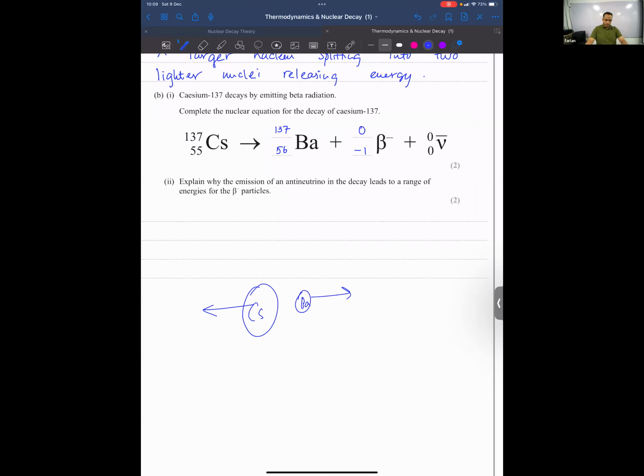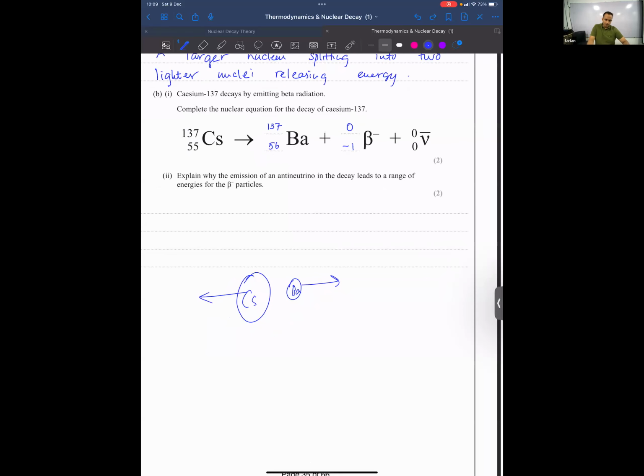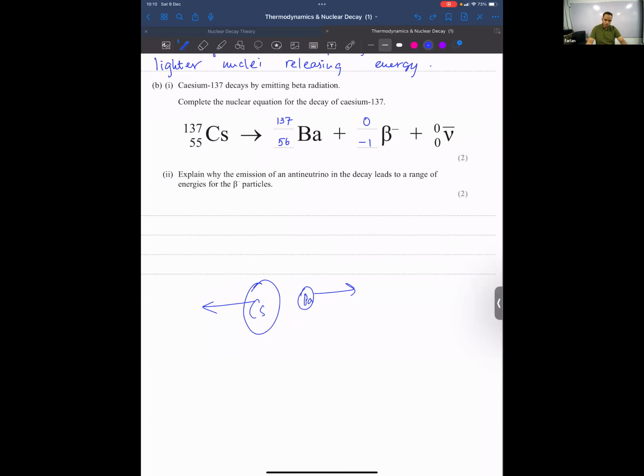But now there are three different particles being emitted: barium, the beta particle, and the antineutrino. So now the total energy has to be shared between these. So it will be randomly shared.